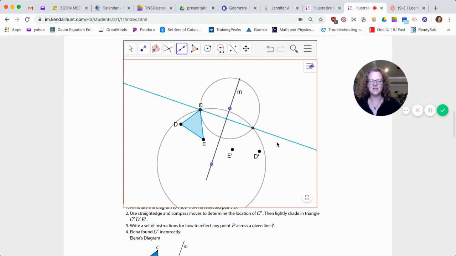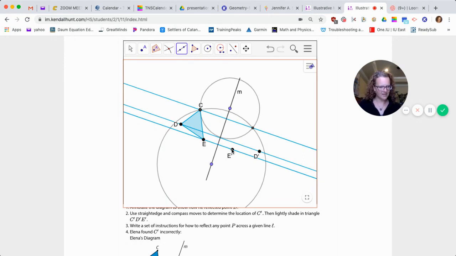I know that this blue line I just drew through C and C prime is perpendicular to line M. Okay, that's really important. I can draw the line through D and D prime is perpendicular to line M. The line through E and E prime is perpendicular to line M. All right, it's a really important sort of tie it all up.